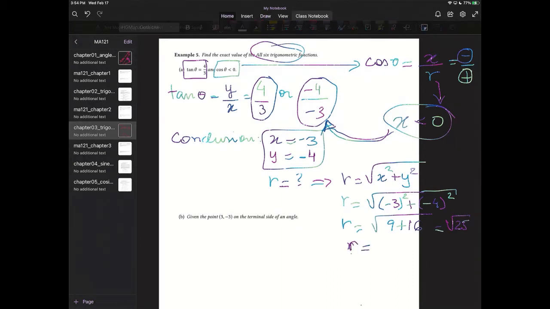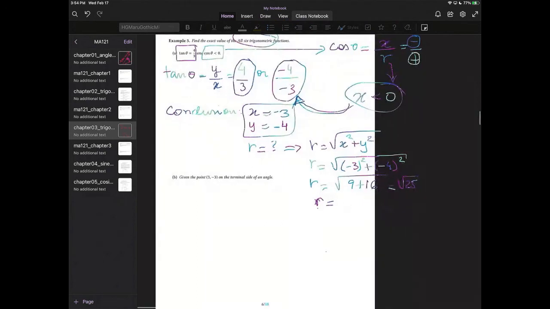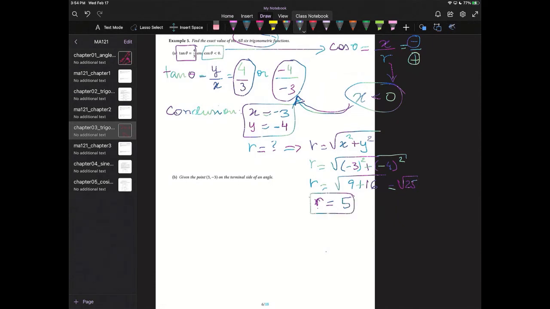So r for us in this problem is 5. Now I have everything that I need: x, y, and r. So I'm ready to evaluate all trigonometric functions. Let's start.